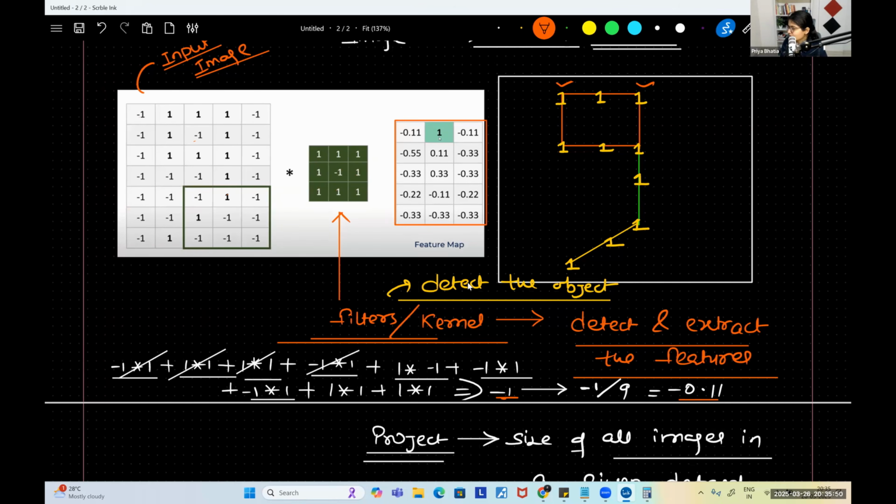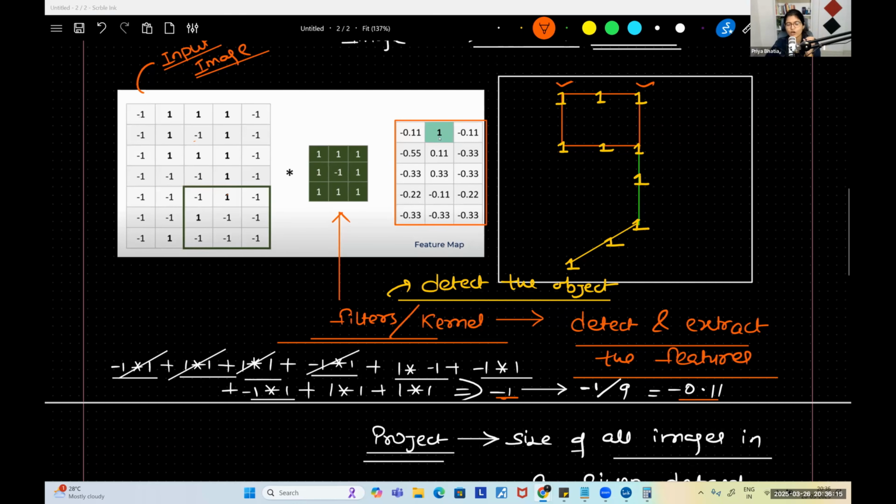Do we normalize by dividing by 9 because the filter has 9 pixels? That's correct. Because the filter has 9 values, that's the main reason we are dividing the values by 9. Why don't we take the input size for the filter matrix as well? Input size is always the bigger quantity.